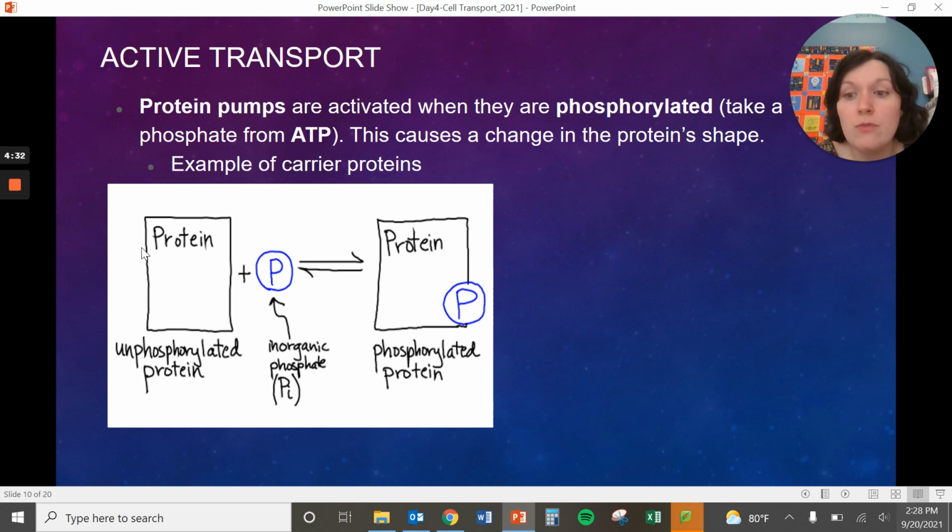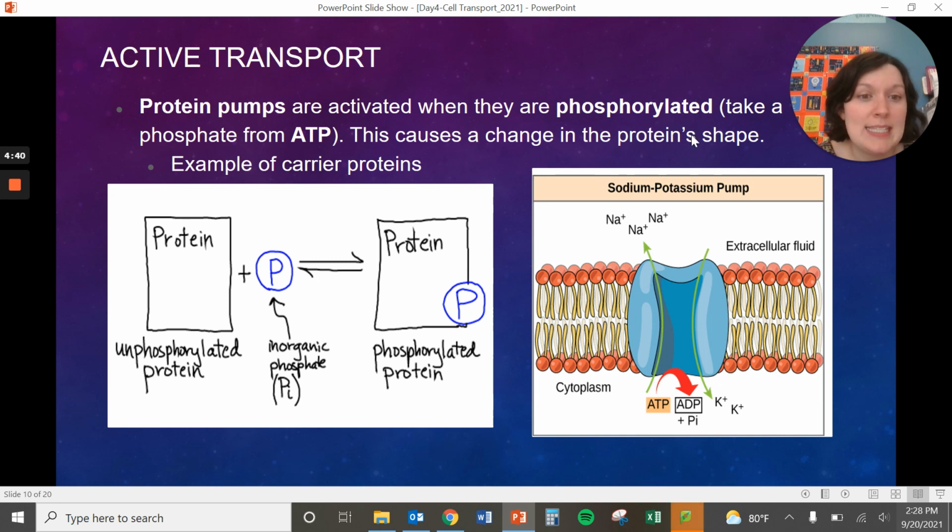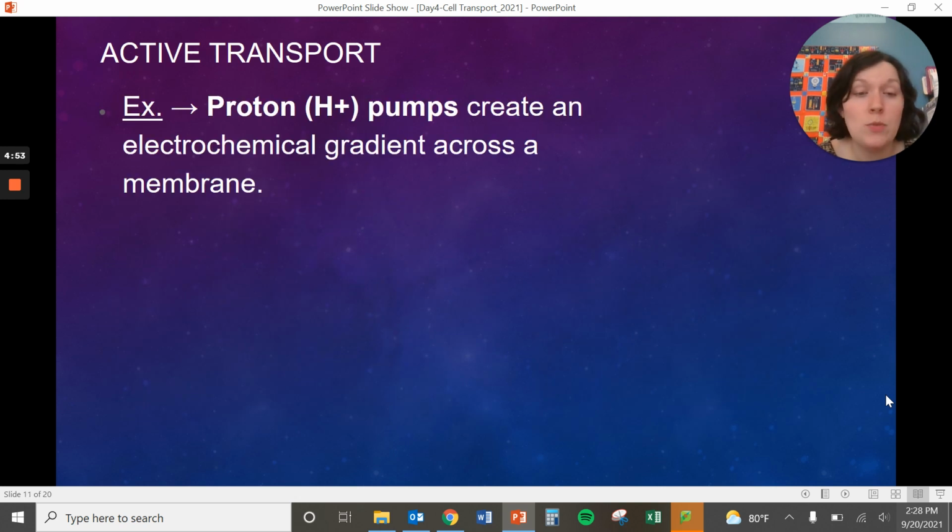So here we have an unphosphorylated protein, a protein with no phosphate, and then we add a phosphate from the ATP and make a phosphorylated protein. That's how pumps like the sodium-potassium pump work. We use ATP, and the energy from it changes the shape of our protein so it's able to pump in the correct way.